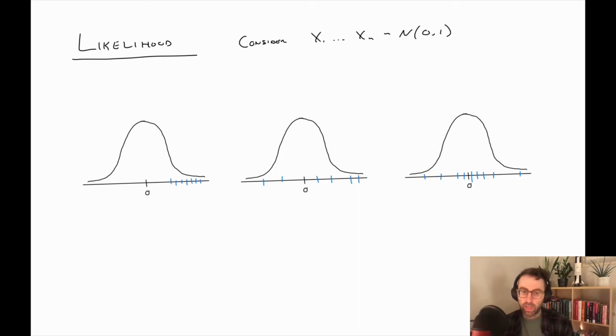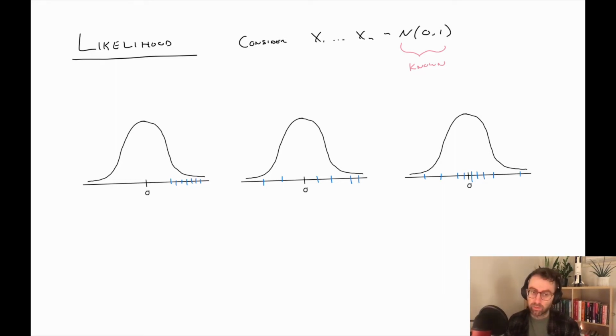If I know that I'm sampling from a standard normal, how likely is it that I see a possible random sample of data? On the far left, if I told you we were sampling from a standard normal, you would say, yes, I could see this data, but it doesn't feel very likely.